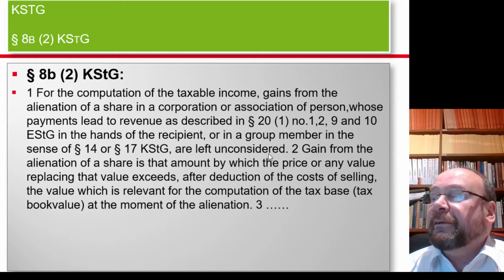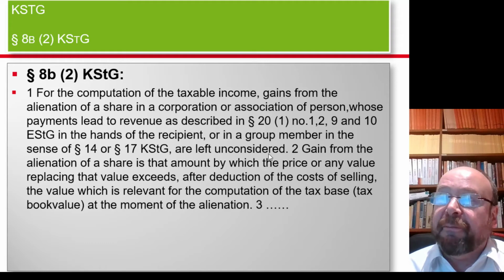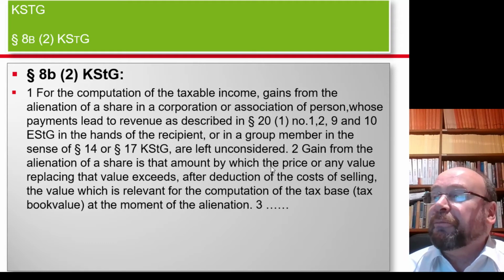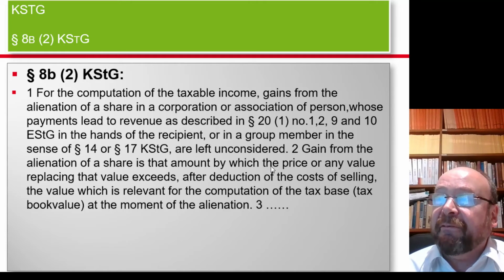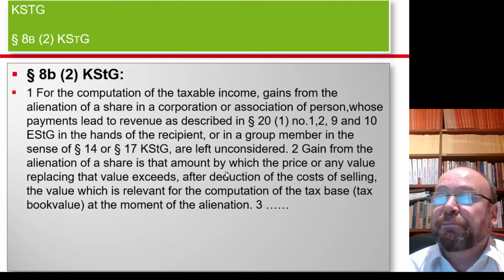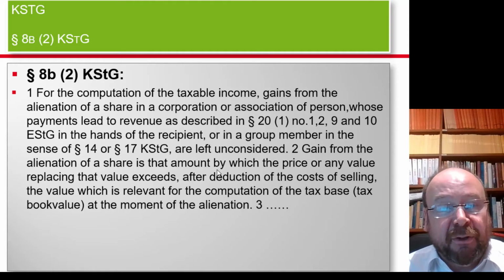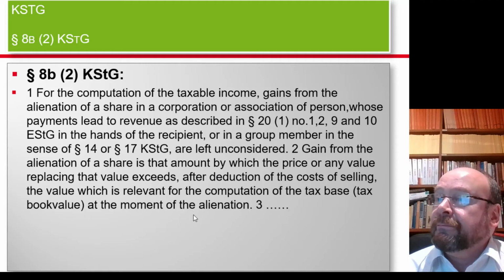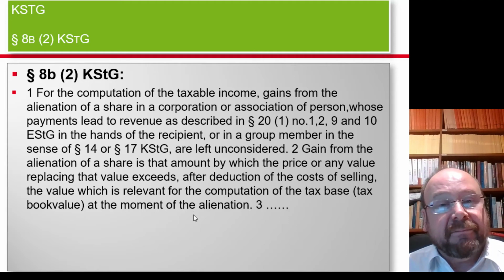The gain is now defined. The gain from the alienation, so sale of a share, is that amount by which the price or any value replacing that value exceeds, after deduction of the costs of selling, the value which is relevant for the computation of the tax base, so tax book value, at the moment of the sale. Here you see, that's poetry, ladies and gentlemen.